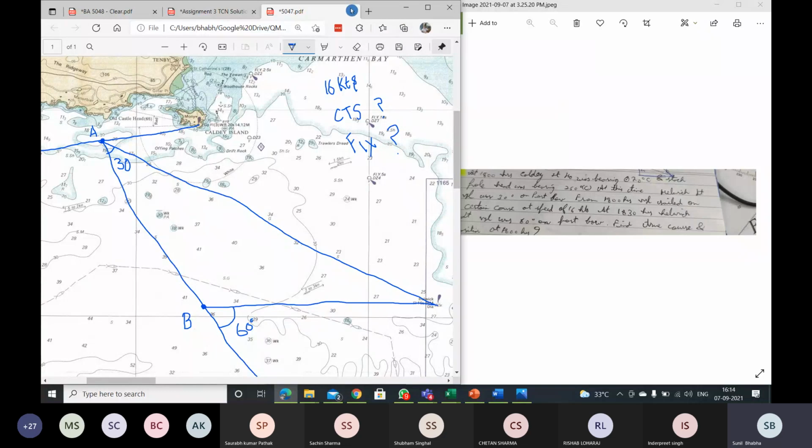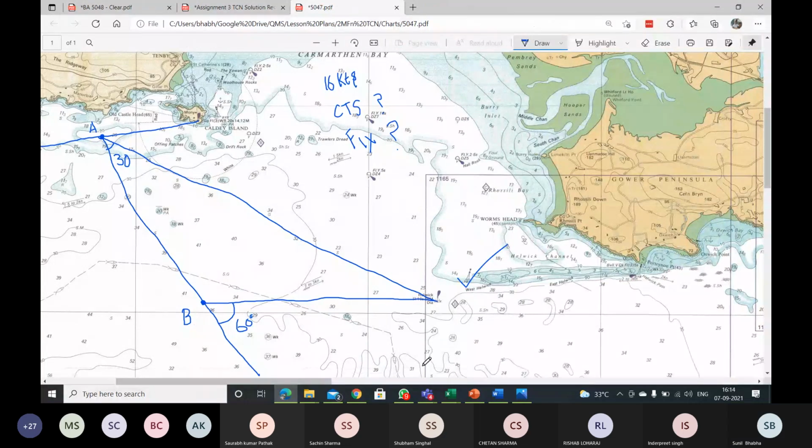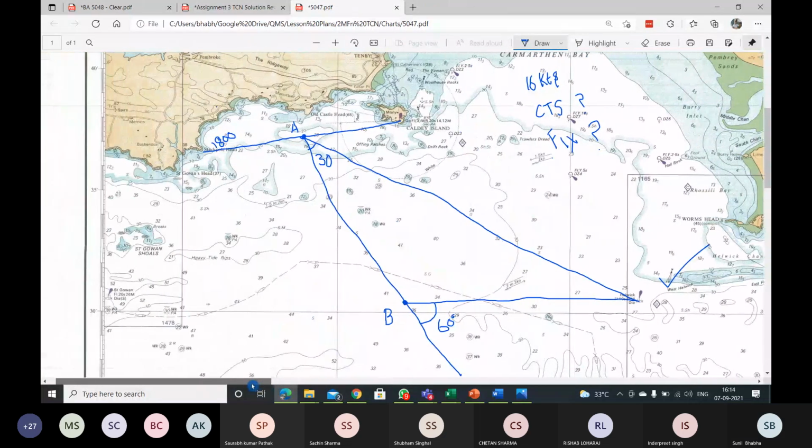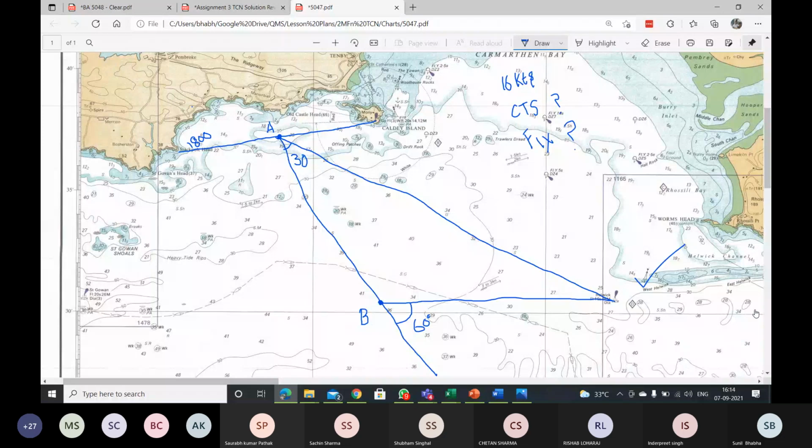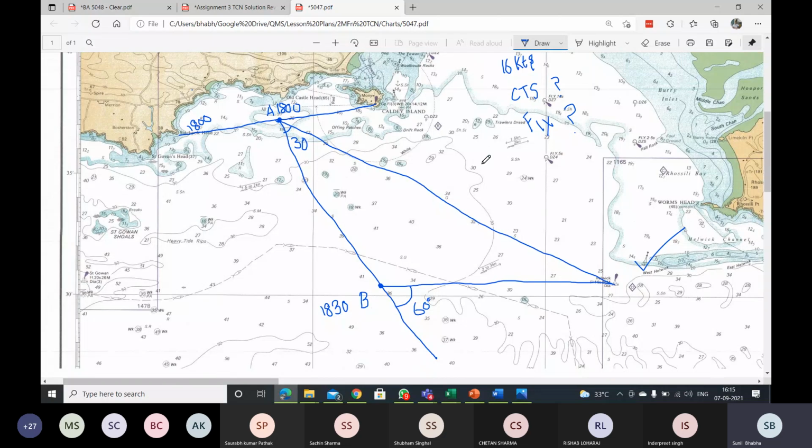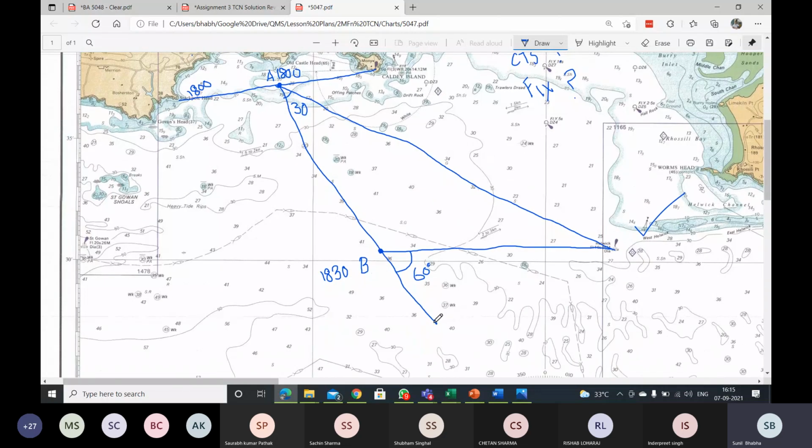So let's open up the chart a little bit. I'm going to maximize it. So this is the scenario, beta. B is 1830 position. So let me mark 1830 here. A is 1800 position. Let me mark 1800 here. And this is again, reminding you, a rough diagram only for the purpose of getting a lead into the question.